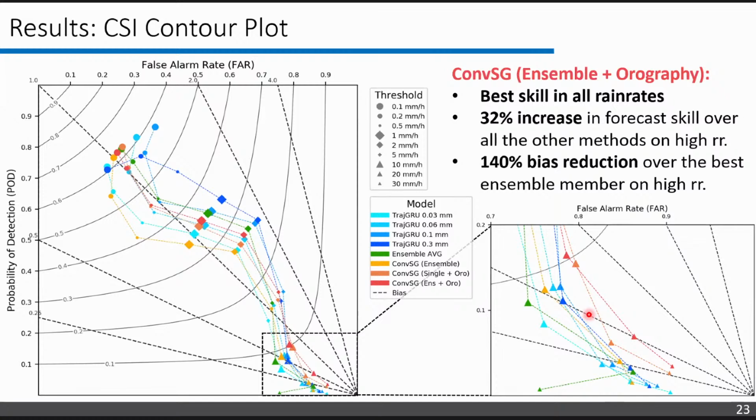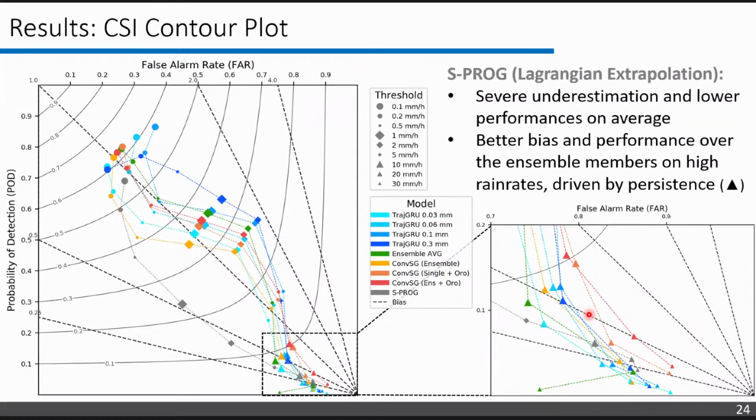Not only does the model have a better skill, but it's also predicting more pixels on the higher thresholds, and it's putting them in the right place at the right time. So it's even more difficult to have both a better frequency bias and a better skill score at the same time.